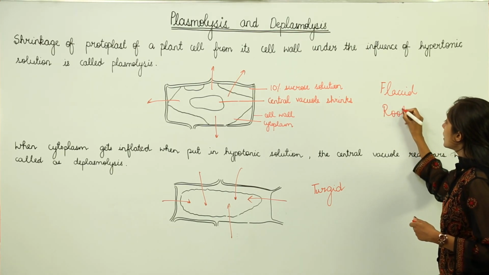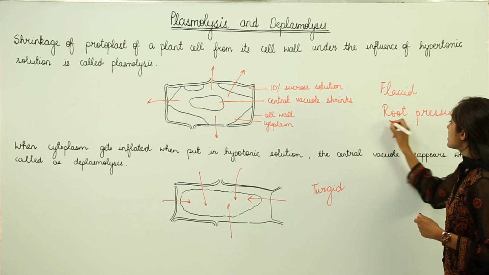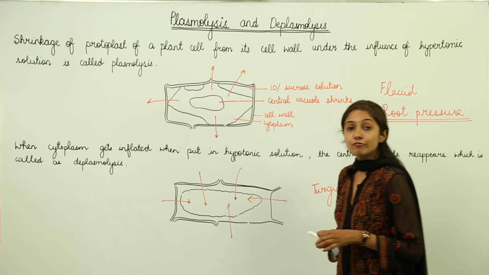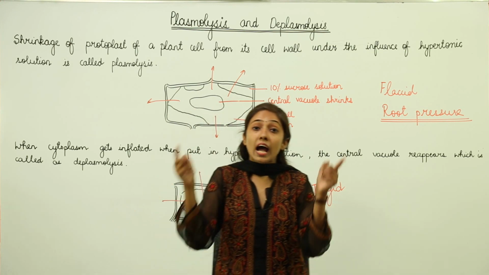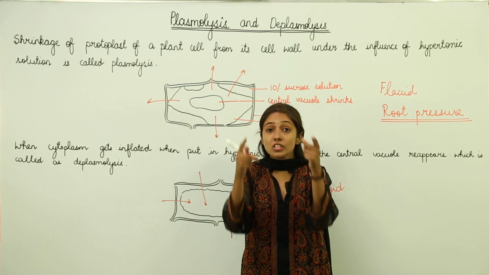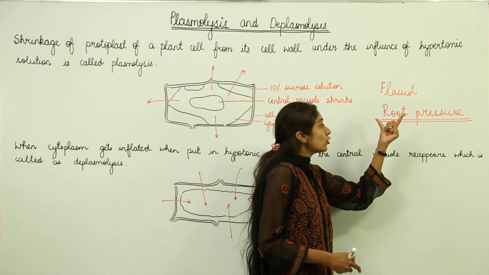What do we call it? Root pressure. So, when the cells in the root become fully turgid, they are going to exert pressure. Due to that pressure, water is going to move upwards through the xylem vessel, right. So, that pressure is known as root pressure.